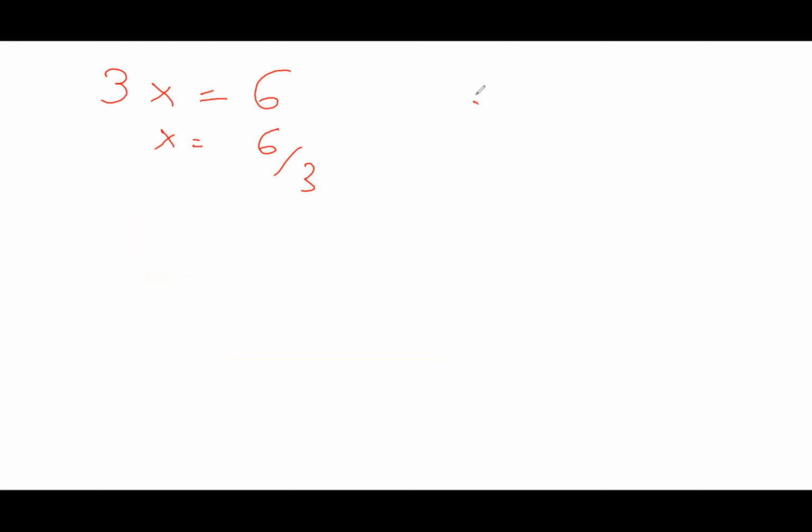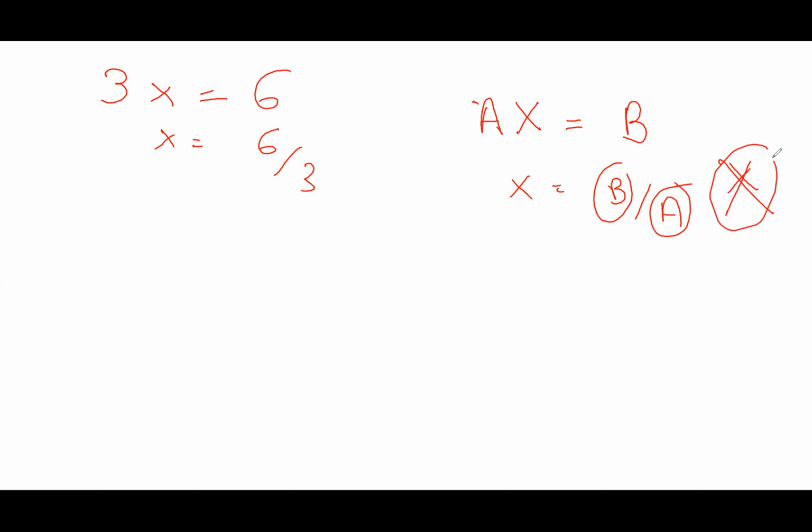So now I have a matrix A and a matrix X. Both of these multiply and give you a matrix B. So ideally what you will say is, X equals B divided by A. But these both are matrices and matrix division is not possible, because you cannot divide two matrices.